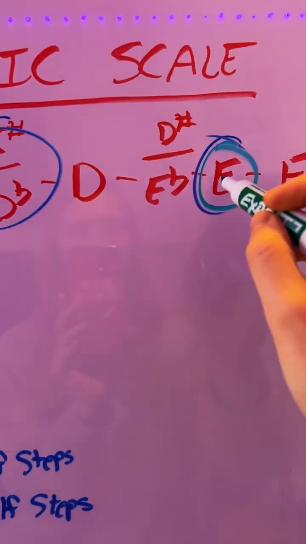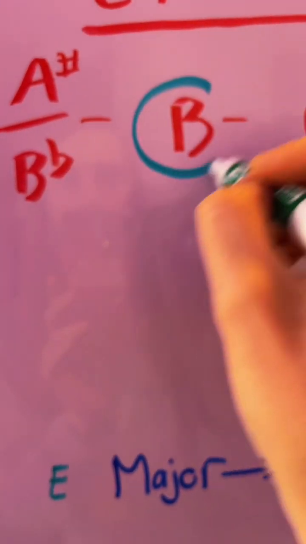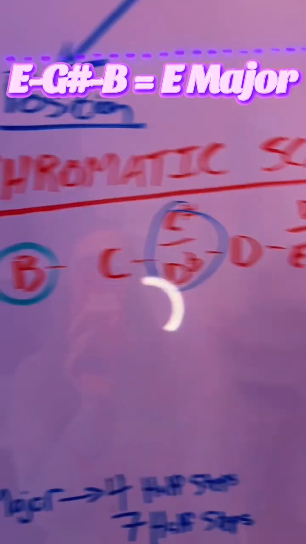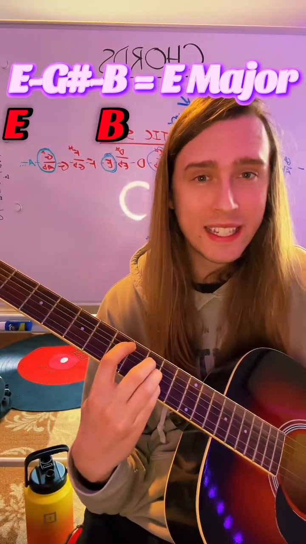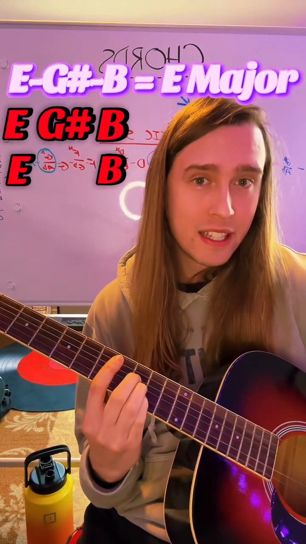And then we go from E, 1, 2, 3, 4, back to A, 5, 6, 7. B, E, G sharp, B, E major. E, B, E, G sharp, B, E major.